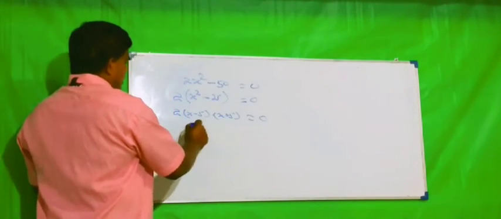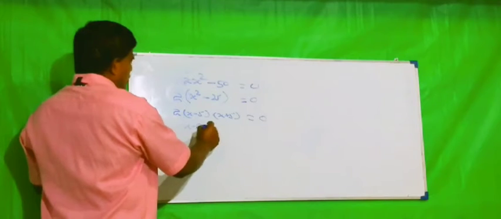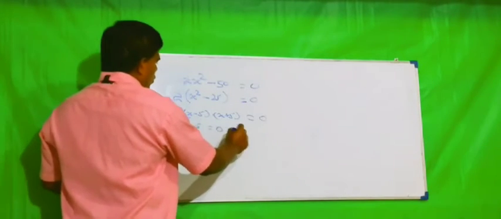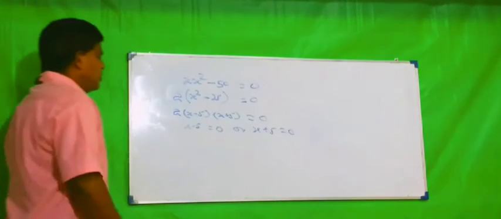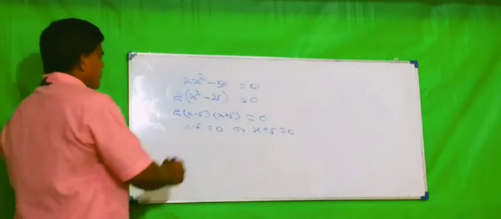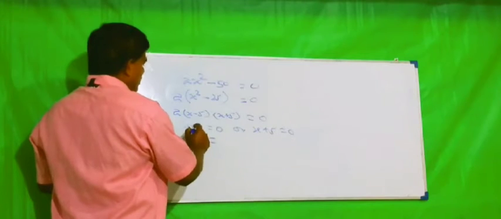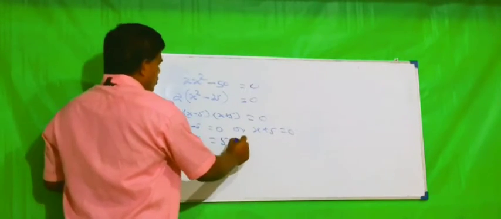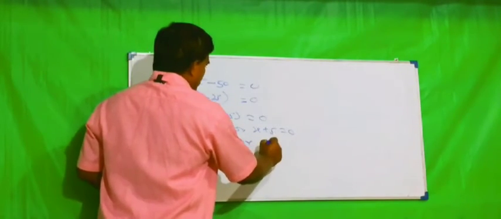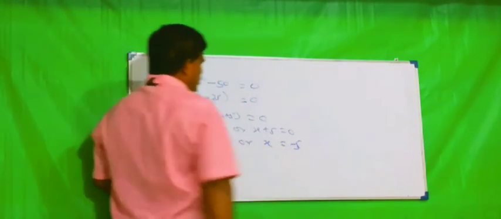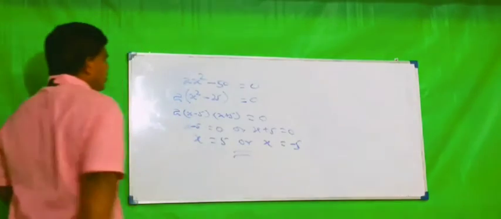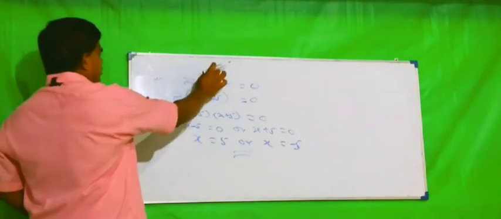Then s minus 5 equals 0 or s plus 5 equals 0. Here x equals 5 and here x equals minus 5. These are the solutions of this quadratic equation.